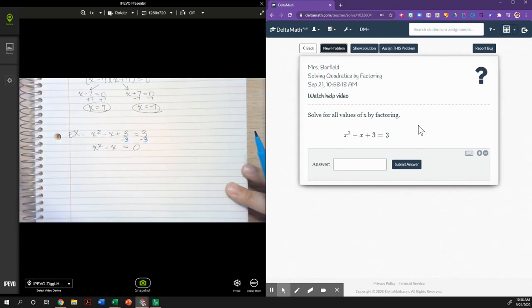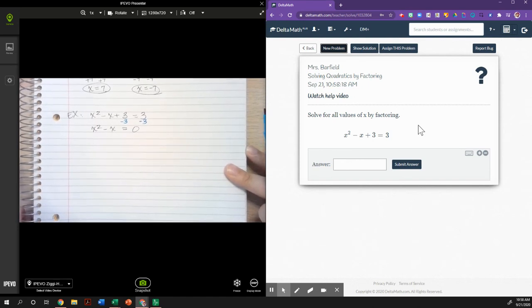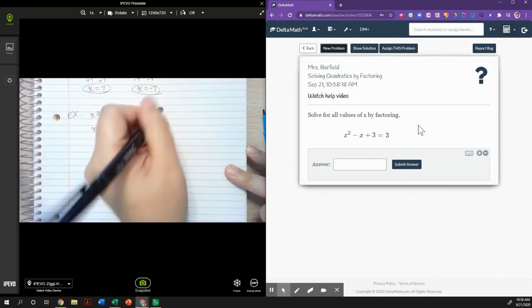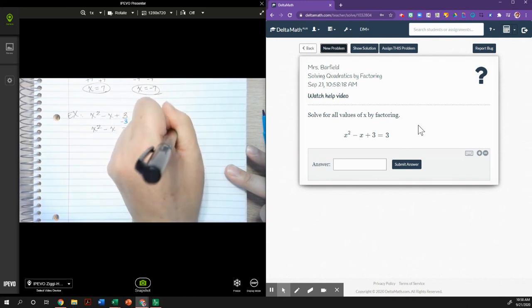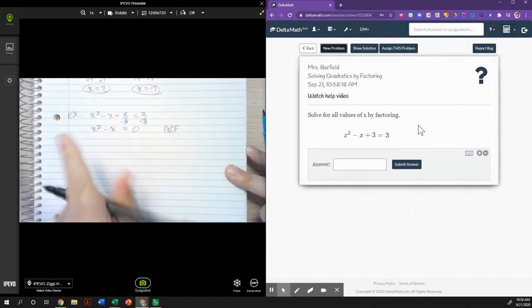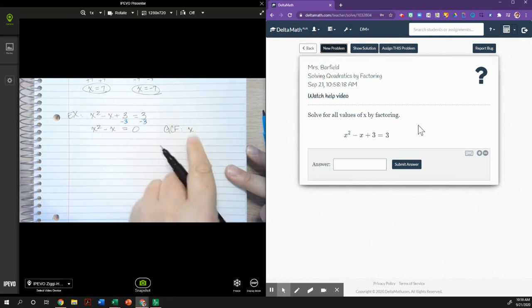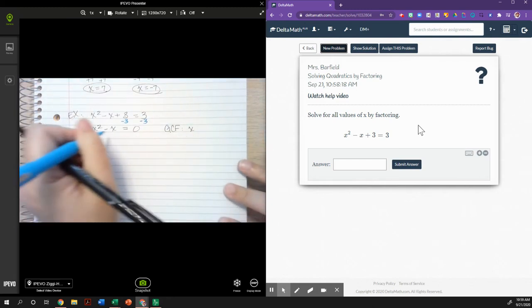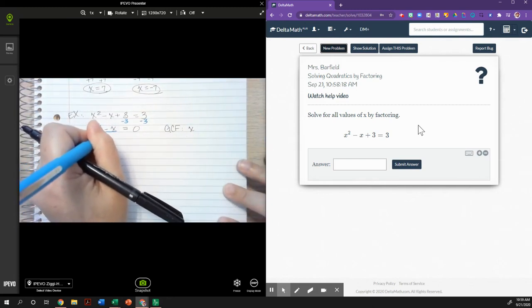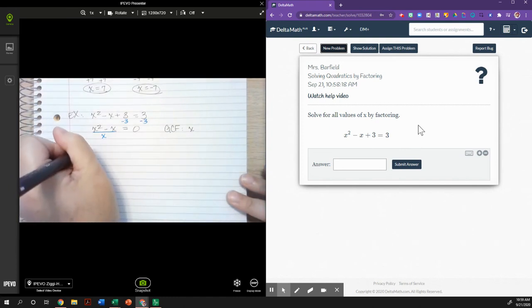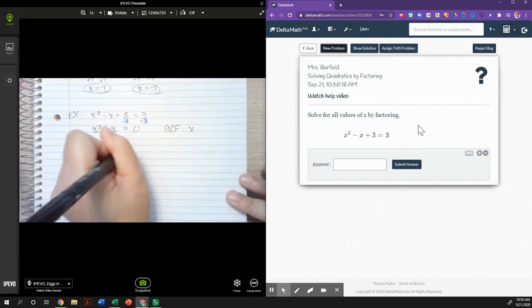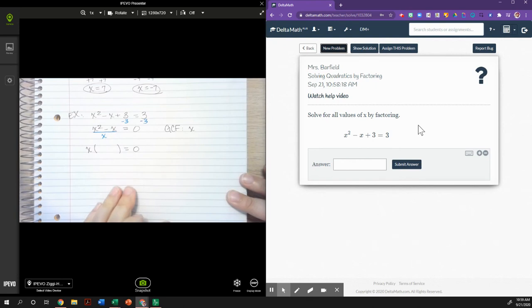For this one, I can factor it using the greatest common factor. The GCF of these two terms is simply x. So I'm going to divide by x. That means I have x on the outside, parentheses, and then equals 0.